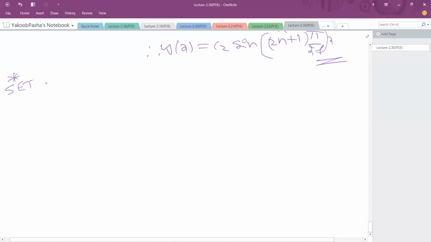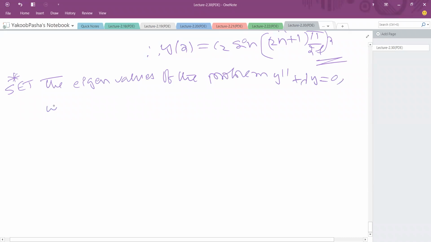The eigenvalues of the problem y double dash plus lambda y equal to 0 with y of 0 equal to 0, y dash of L equal to 0.